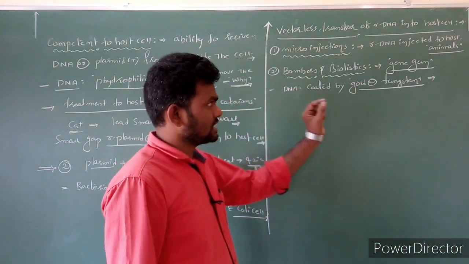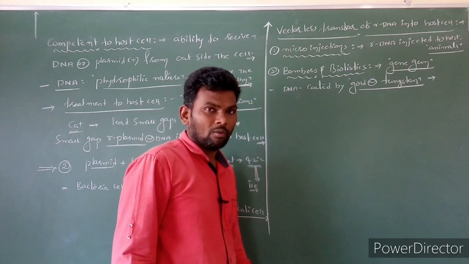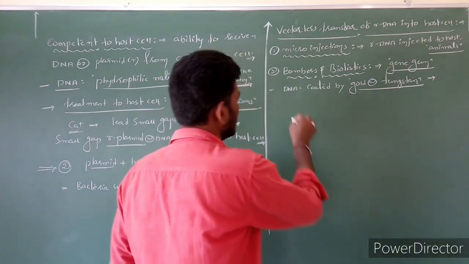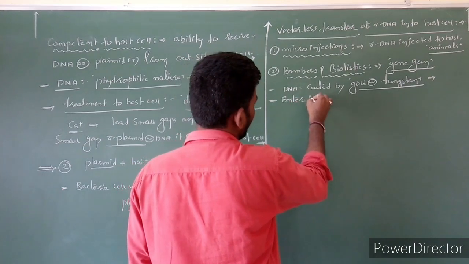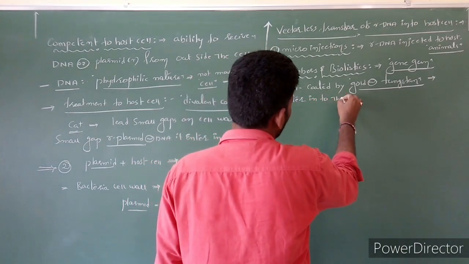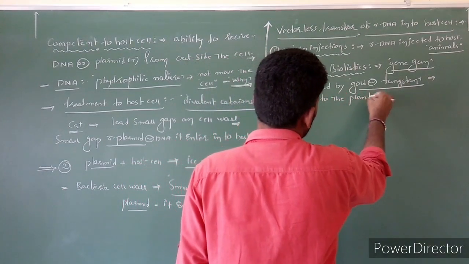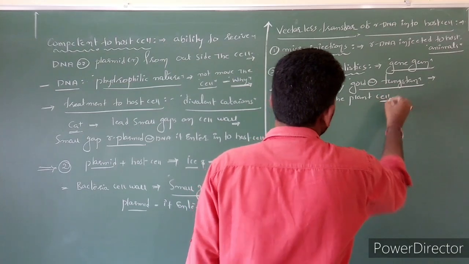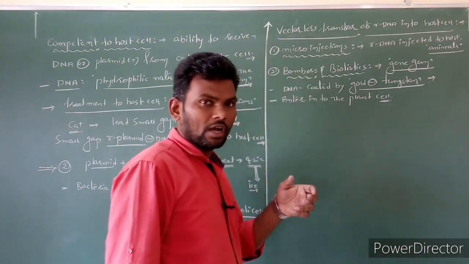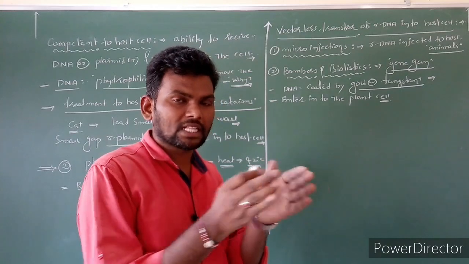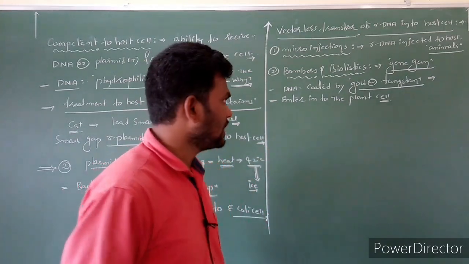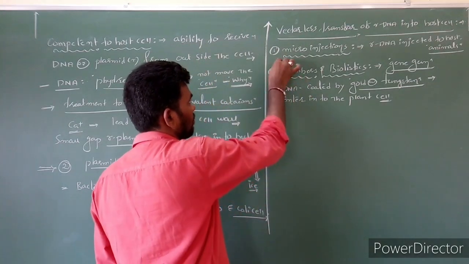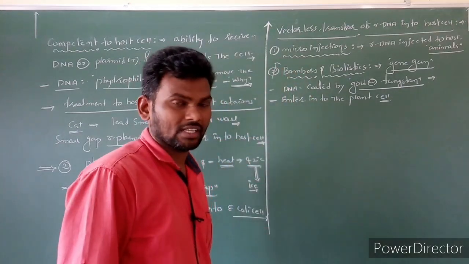This is inserted in the gene gun. By force we are going to enter into the plant cells at high velocity, breaking the cell wall, and it enters into the nucleus. Okay, so this is the second method, bombers or gene guns.